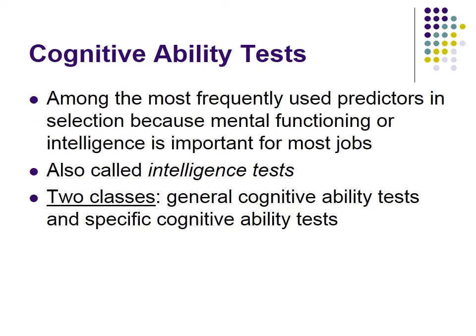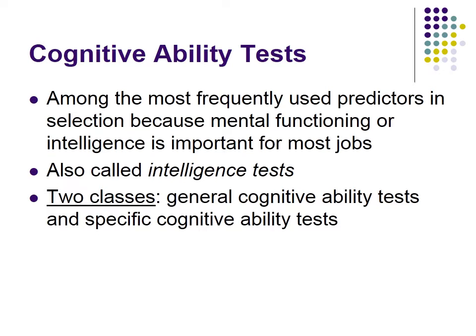In fact, a way this has been addressed in I/O psychology is we often refer to general cognitive ability tests simply as G tests. So instead of saying intelligence or IQ or even cognitive ability, we'll just say we're measuring G. Well, what is G? G is something that's highly related to performance.